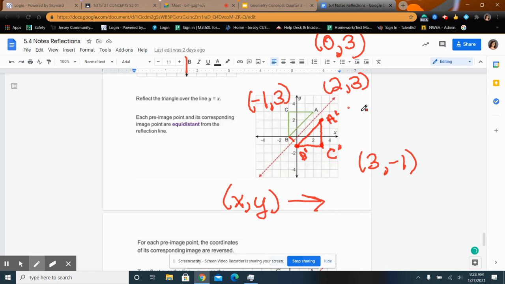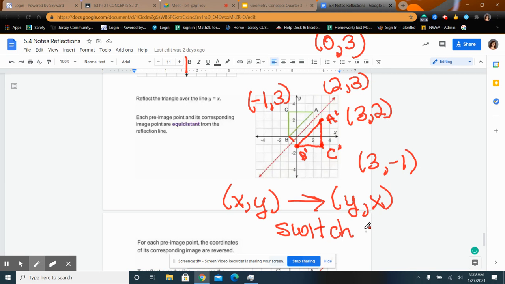A prime was at 3, 2. How are those related? They reverse. So instead of x, y, the new point is actually what we say is y, x. So what does that do? It just switches the points. And you will want to write switch points because the y being in the first spot freaks a lot of kids out. The code is just telling you to switch the points.